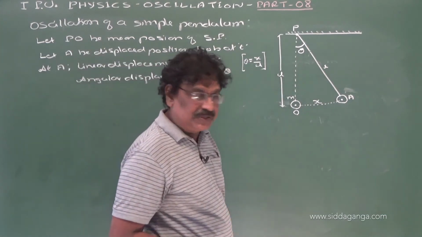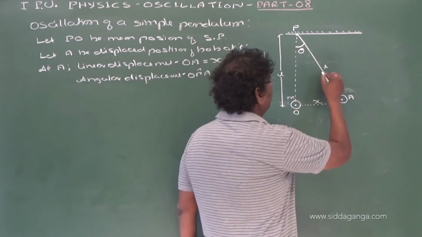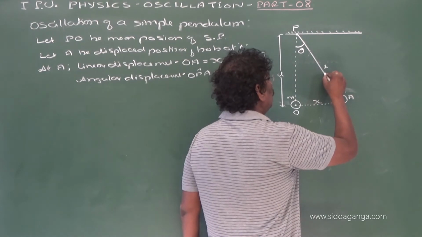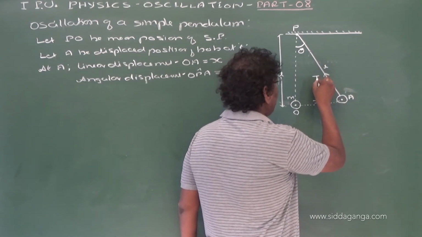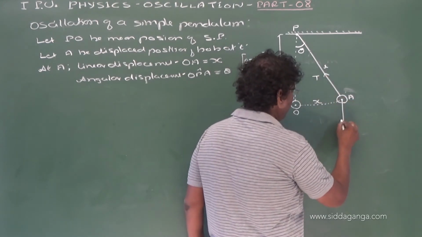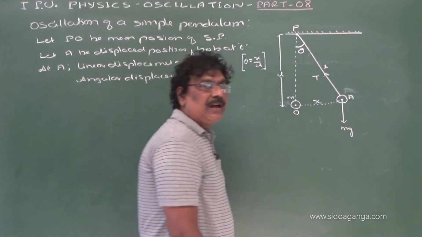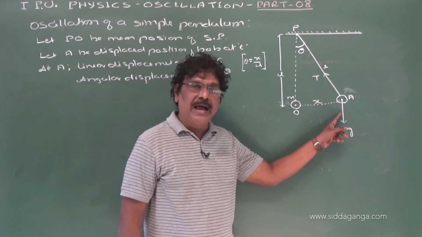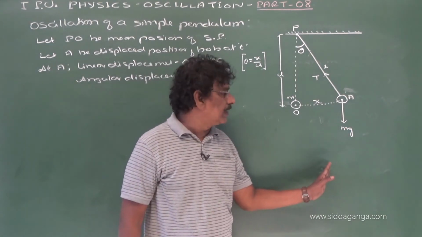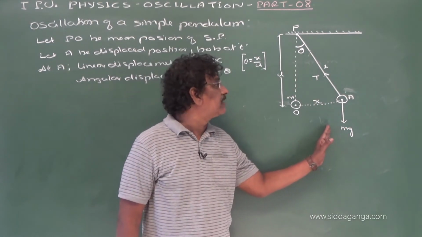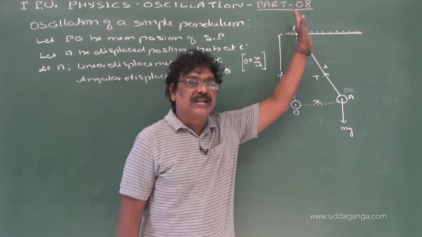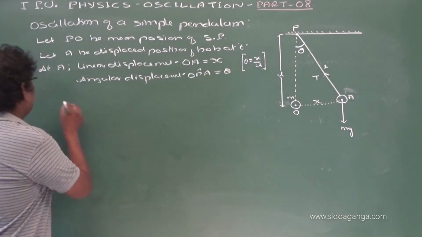Now at this position, the two forces acting on the bob are the weight of the bob acting vertically downwards and tension in the string along the direction AP.